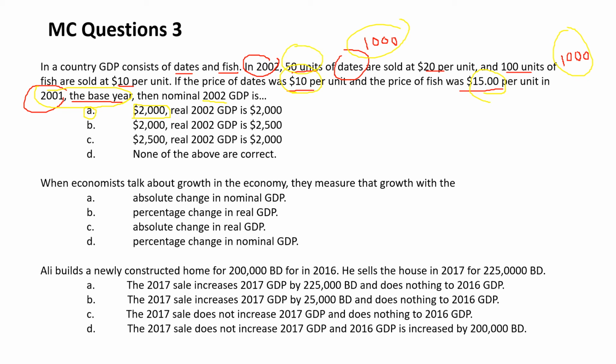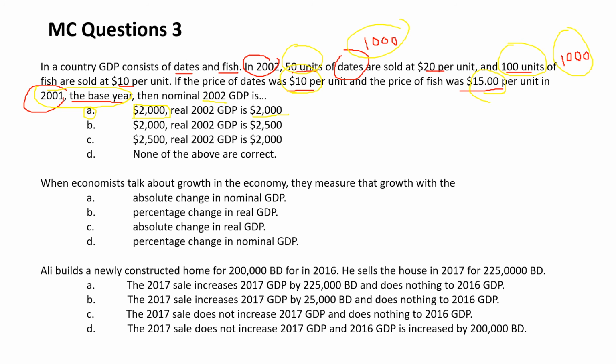Okay. So the total real GDP in 2002 is $2,000. So 50 multiplied by 10 equals $500 worth of dates, and 100 units multiplied by $15 per unit for the fish. So total of 2,000. So the answer is A. Both real GDP and nominal GDP equal 2,000.